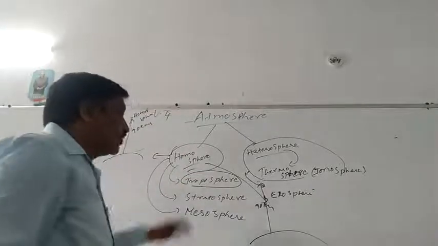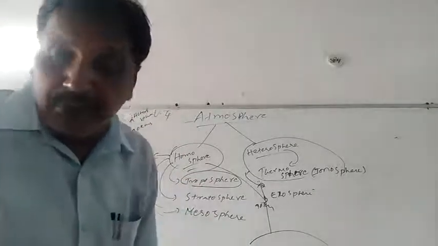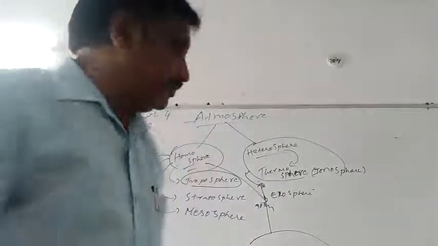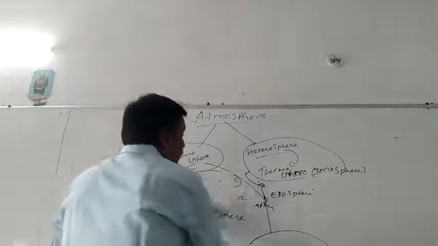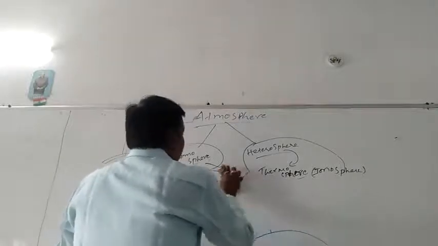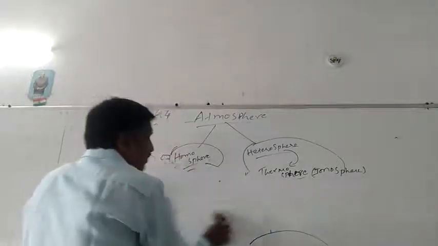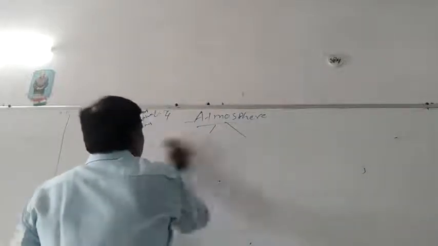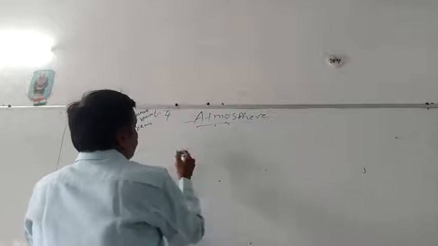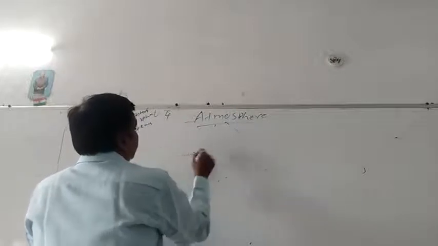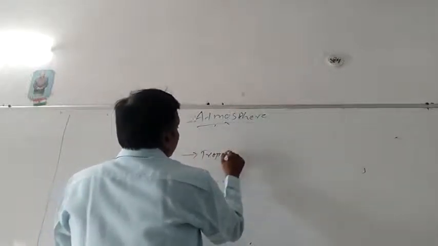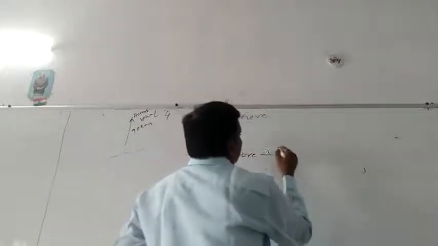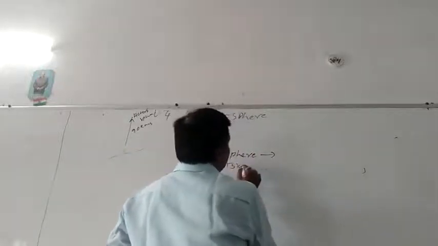Alright. So this troposphere exists at an average distance of 13 kilometers from the surface of the Earth.